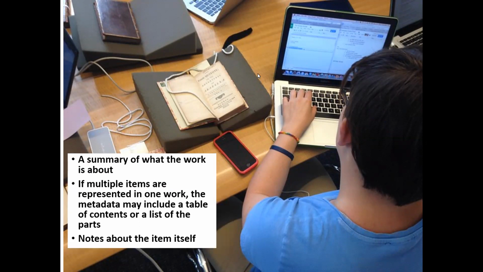As I mentioned earlier, we do include a summary of what the work is about. Now, this has not been something that has been included in all records, and certainly not included in all records throughout the history of cataloging. This is one of these areas where public libraries and academic libraries would deviate sometimes in practice.